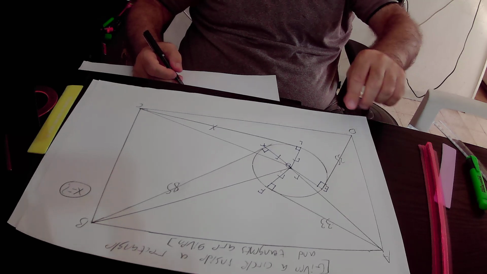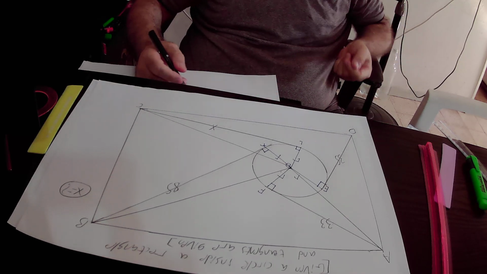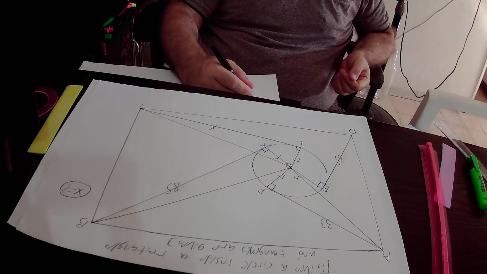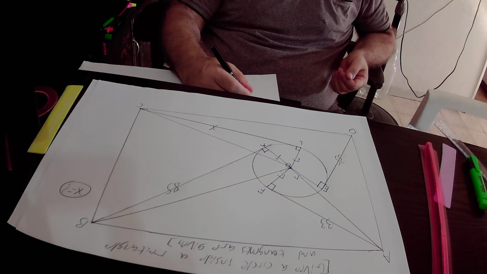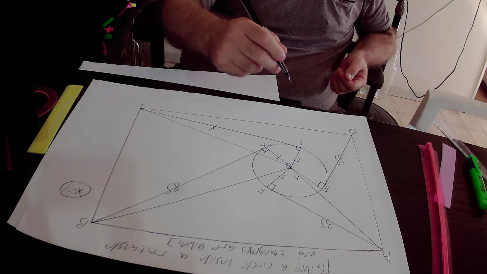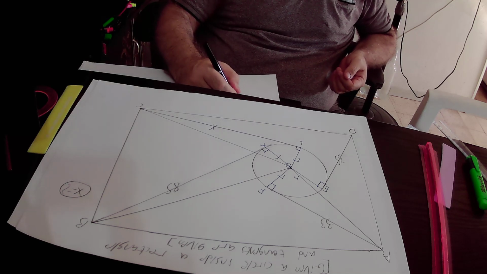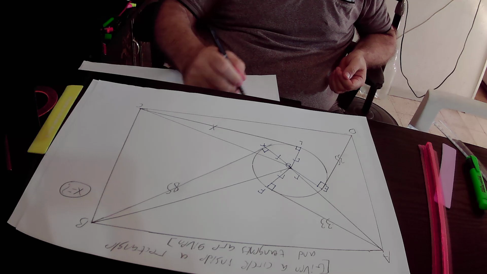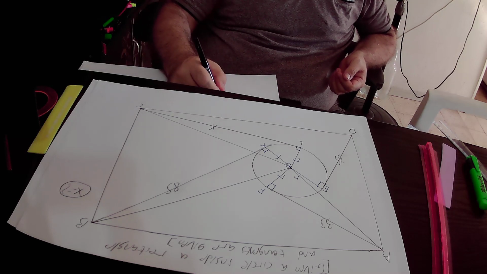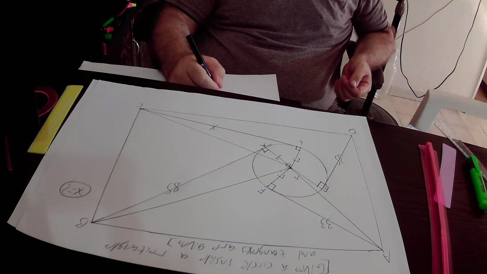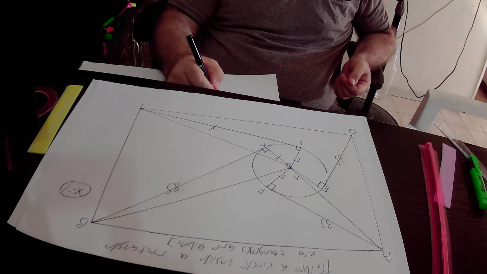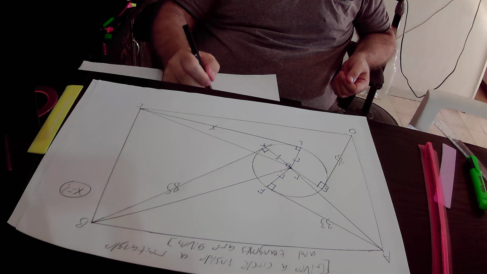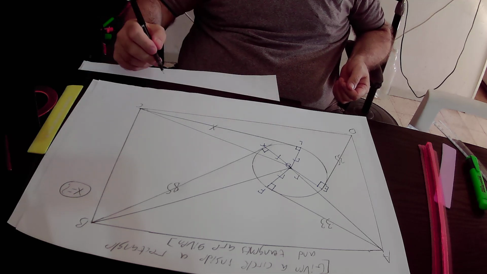To focus on the right triangle LOC, according to the Pythagoras theorem, LO squared plus LC squared equals CO squared.